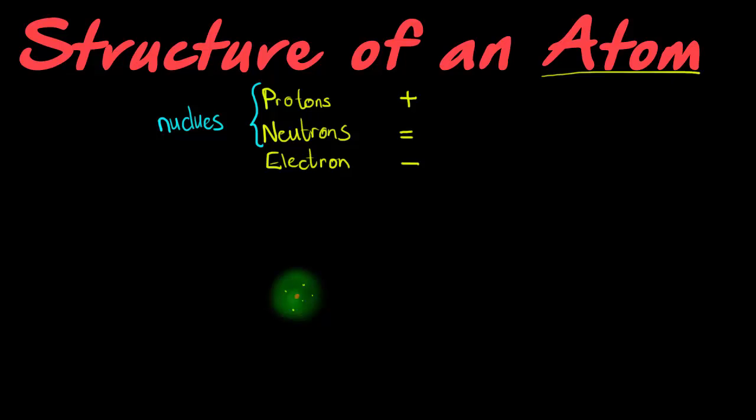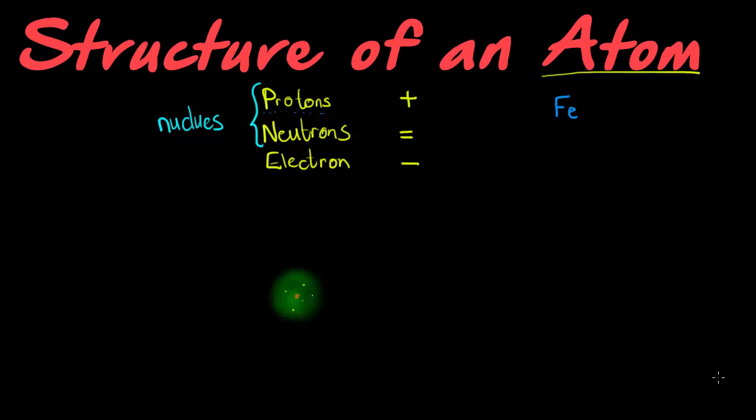Now a little bit more detail. The first thing I want to tell you is that the number of protons in an atom is always the same, per element, of course. So let's take something you might know. Let's take iron. The symbol for iron is Fe. Two iron atoms will always have the same number of protons.